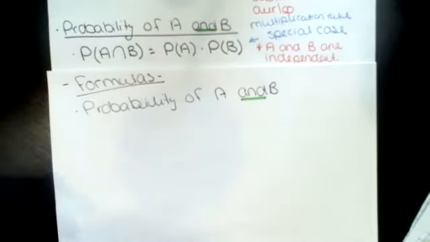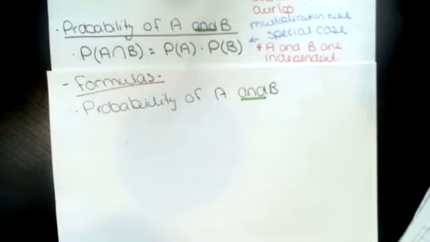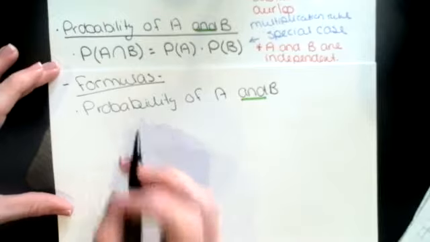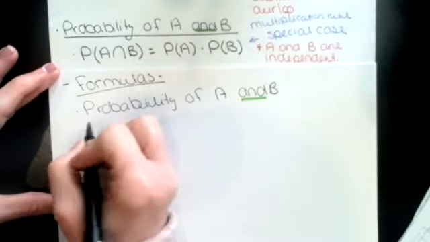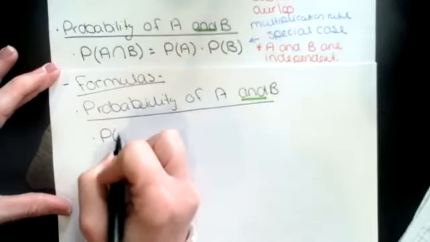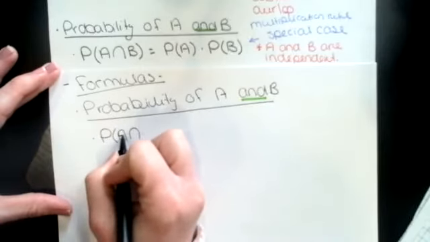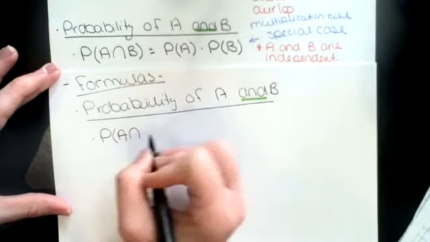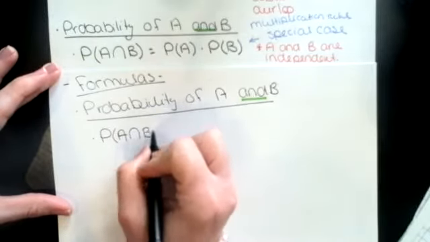Now to continue with this, I want to give you the general rule like I did for the addition. For addition, I gave you both the special case and the general rule. So if we're looking at the general rule, we have the probability of A intersection B. It's that upside down U or a large lowercase n.